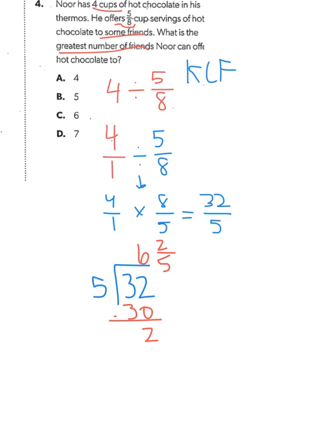So 6 and 2/5, that's how many people, but that's not an answer choice over here. Is there such thing as 2/5 of a person? There isn't, right? So what's the max number of people I can give? That would be simply 6, right? So there's your answer.